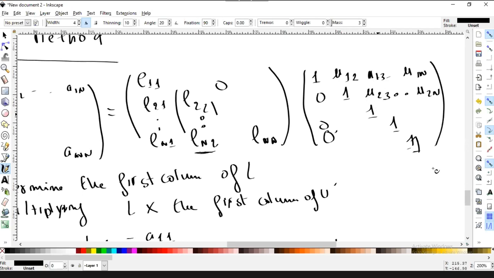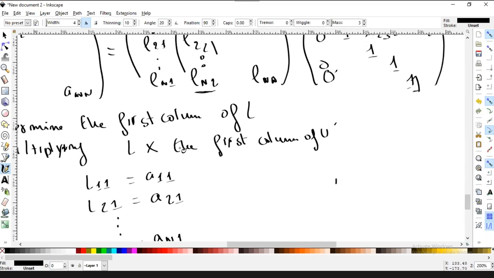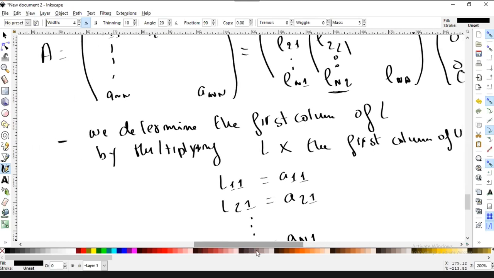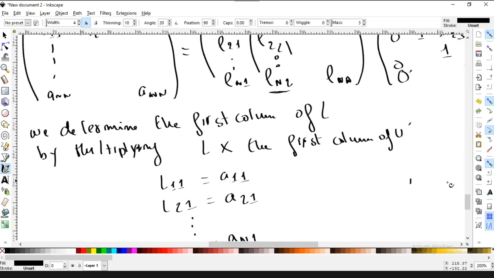And then you continue like this, by the lines and columns.